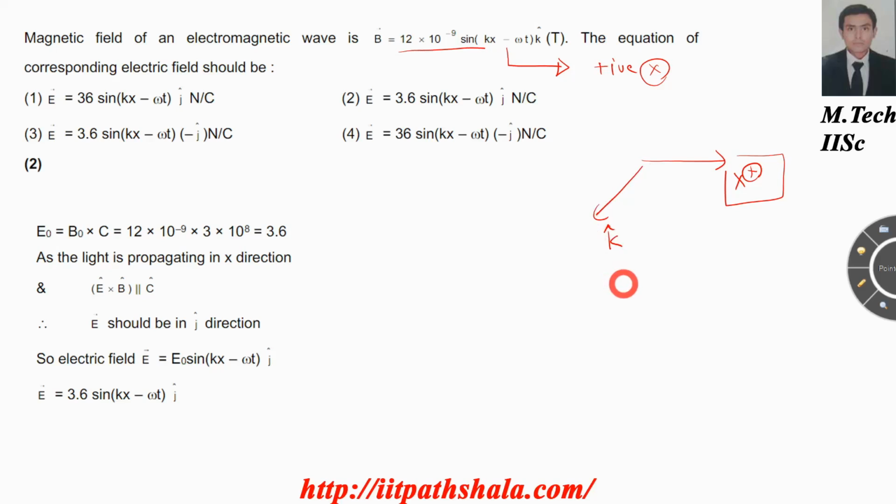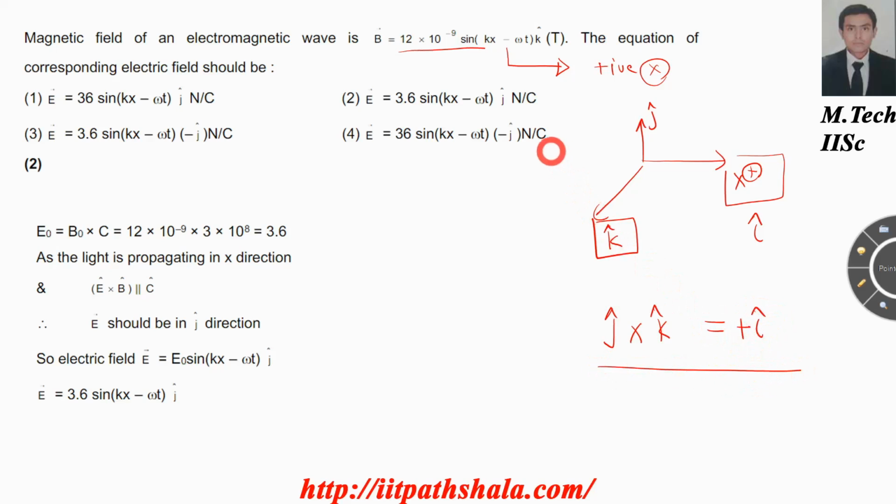I can figure out the direction of the electric field vector. If the resultant is the i cap vector and I am given a k cap vector, then my other vector should be the j cap vector, because j cap cross k cap gives me a positive i cap.